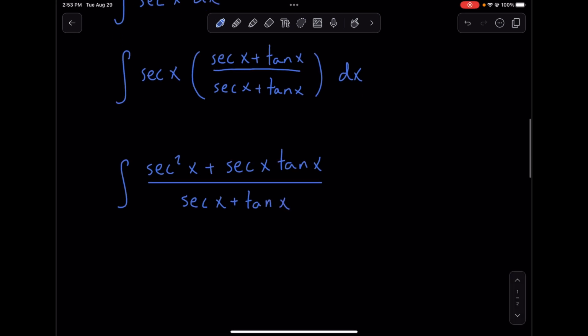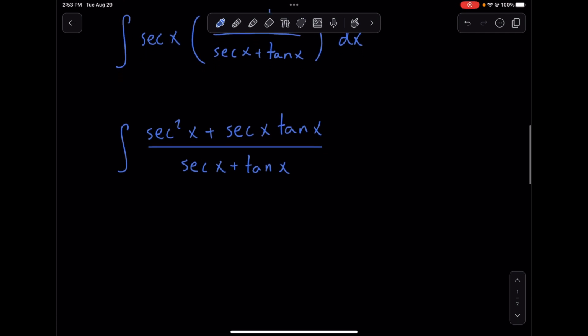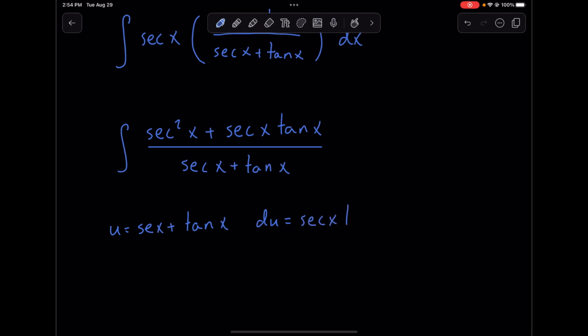Now we can do a u sub with the denominator. So we set u equal to secant x plus tangent x, and du will be secant x tangent x plus secant squared x dx, which is the numerator.